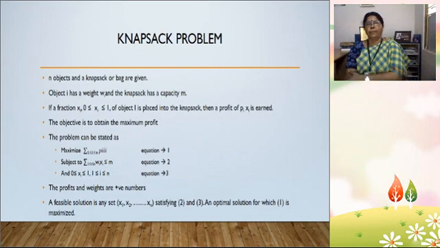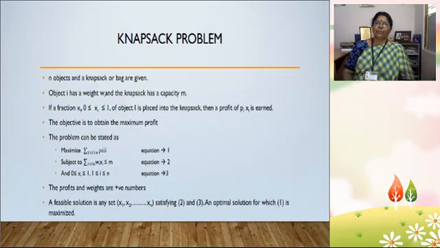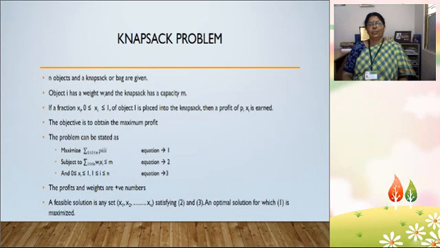The most popular problem that can be solved using the greedy method is the knapsack problem. So the knapsack problem states that, given n inputs, we are given n objects and a knapsack or bag. Each object has its own weight and a profit. Say, for example, we assume there are n objects.